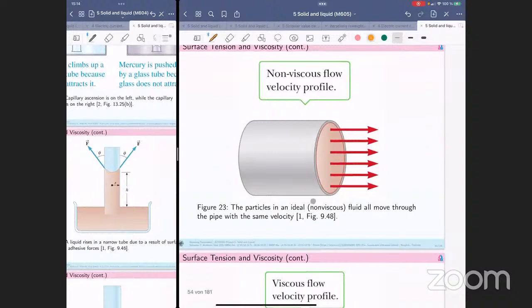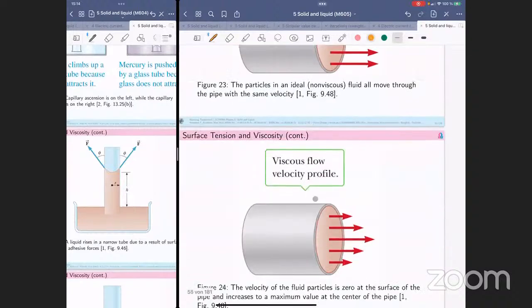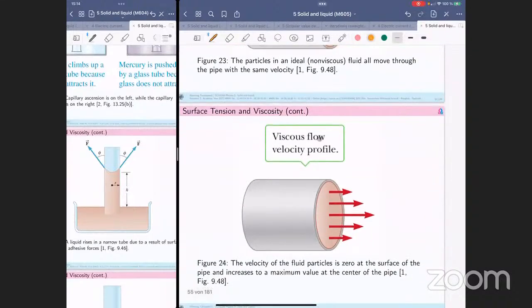But it's not the case in reality. Now let's consider the realistic viscous flow velocity profile. In this case, the fluid is realistic. When the fluid flows, there is friction between the liquid and the metal inside.